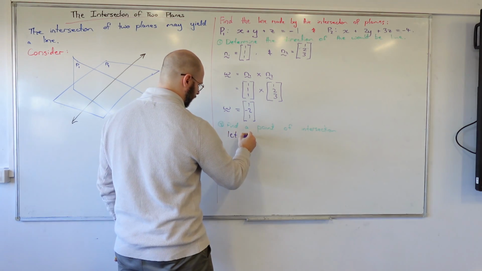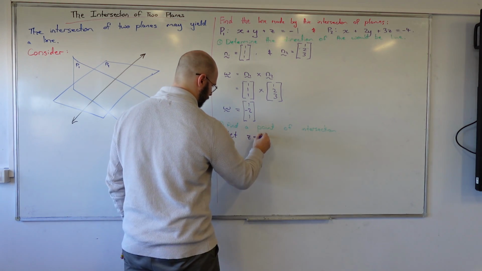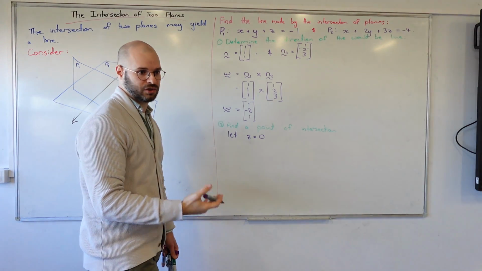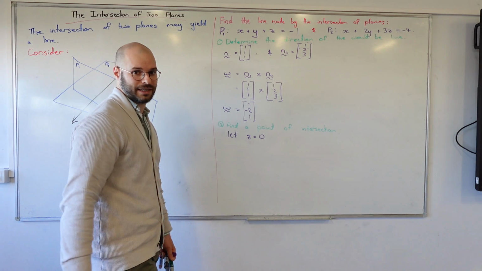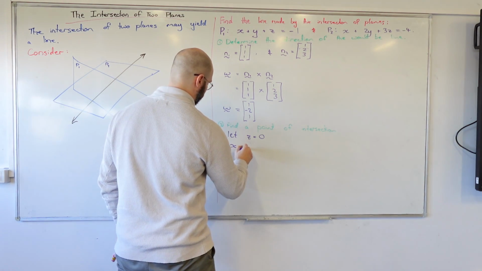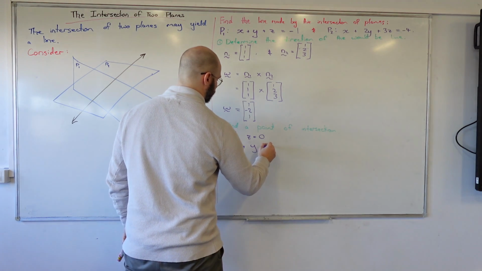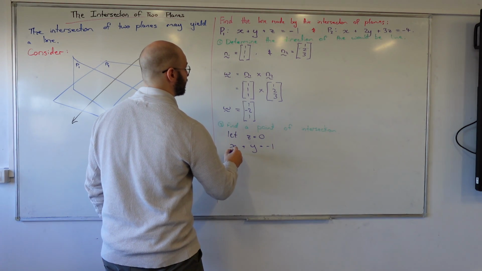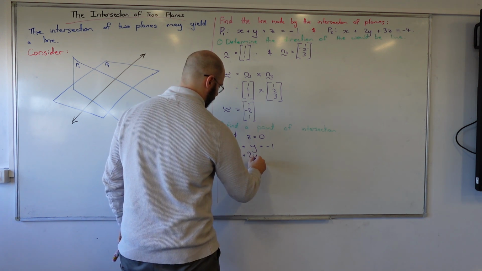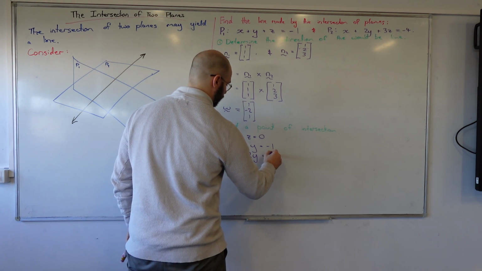We're going to let z equal 0. It doesn't matter what value of z you choose, I just choose 0 because it makes the numbers easier. So we're going to go equation 1, which is x plus y equals minus 1. And then our second equation is going to be x plus 2y equals minus 4.